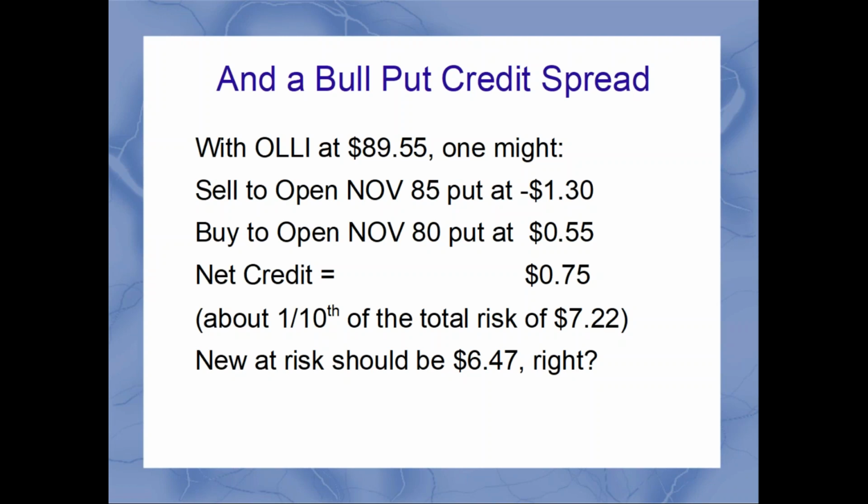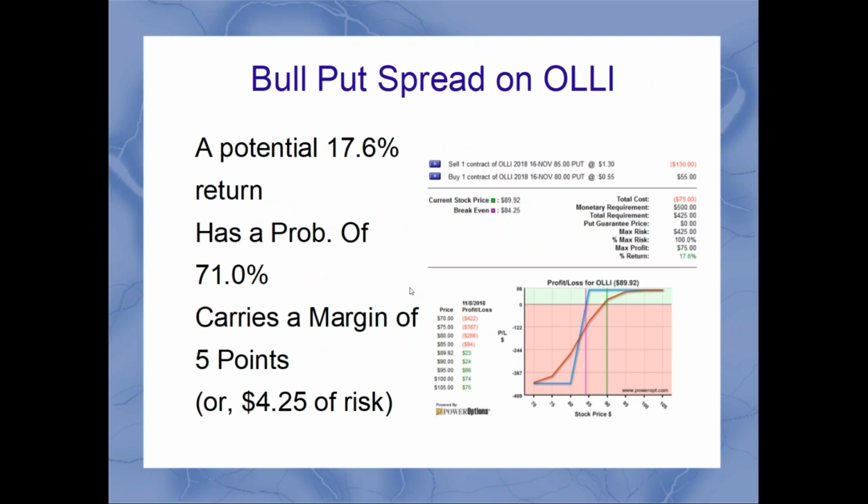We are going to lower the cost basis on the total nested structure, and the new at-risk amount should be 6.47. I started with 7.22, collect 75 cents. I should drop that down to 6.47 as the maximum risk on this trade, right? Well, the bull put by itself has a potential return of 17.6% as a leveraged trade.